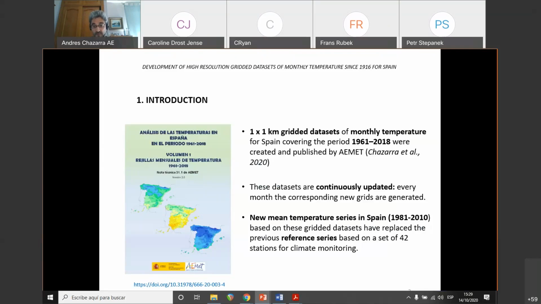And we have also used these gridded data sets to create a new temperature reference series for the whole of the country to replace the previous reference series that were based on a set of 42 stations.